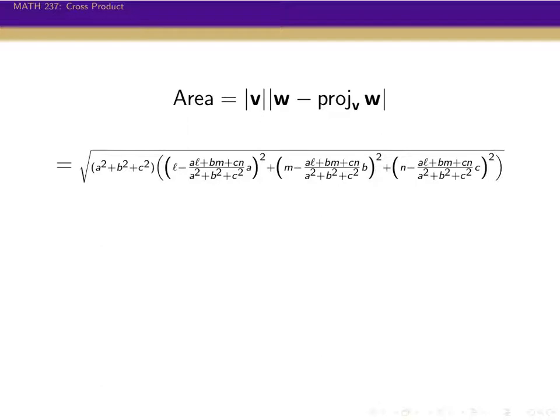This a squared plus b squared plus c squared is coming from the magnitude of V. And then this chunk right here is what you get from W minus the projection of W onto V. Okay, so this is what we get in terms of the area. So it'd be nice if we can simplify this.